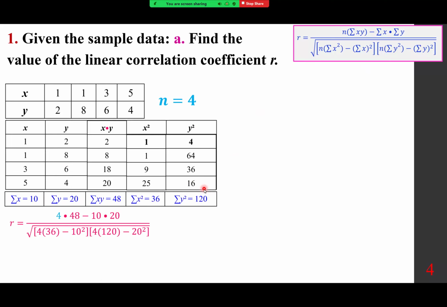Take a look. Make sure it makes perfect sense to you. So what happens? We get negative 0.135.